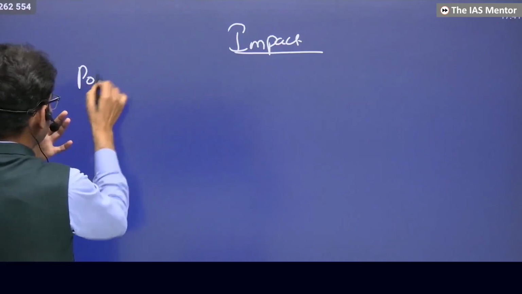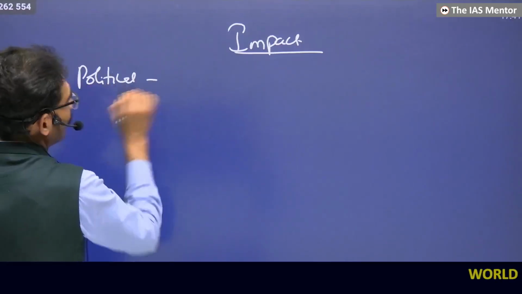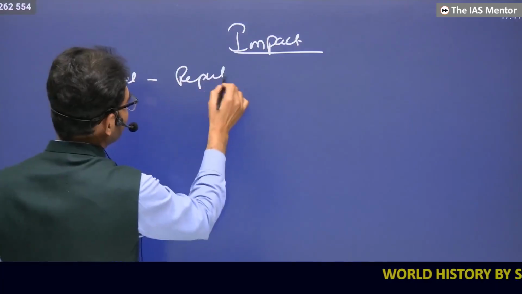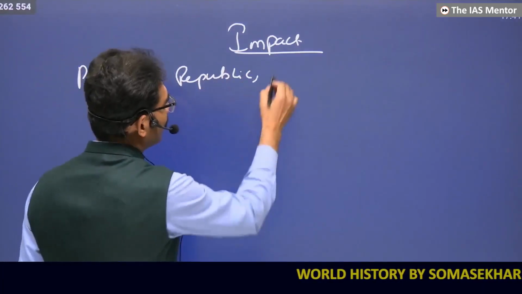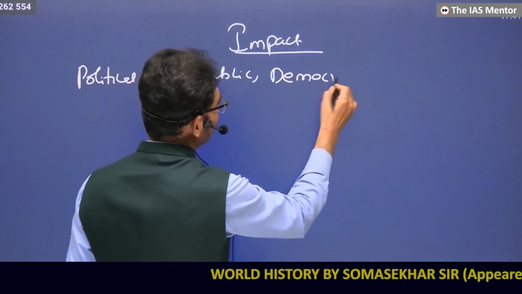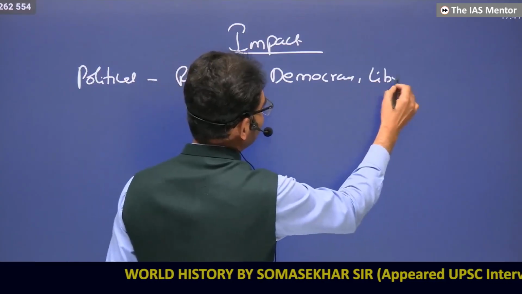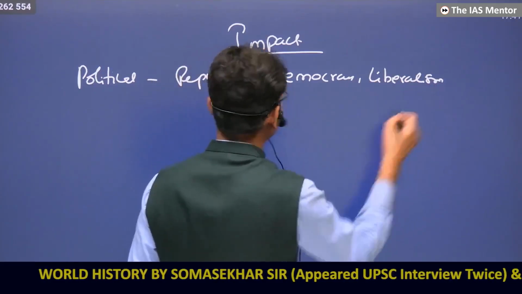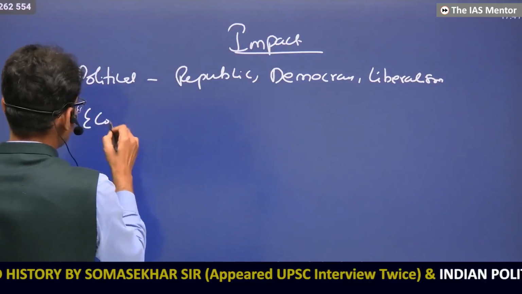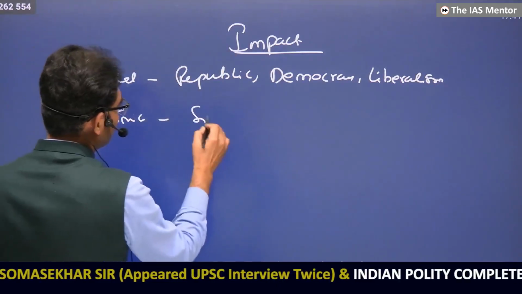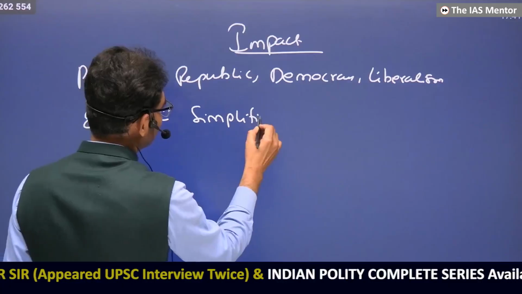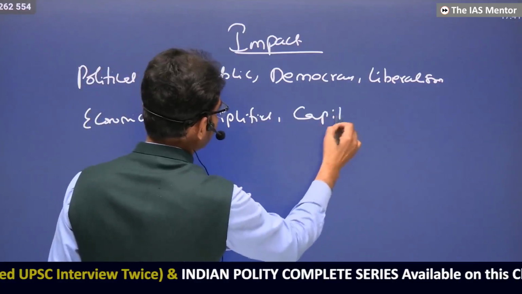Political: republic, they tried. Democracy, tried. Liberalism, tried. When it comes to economic, simplified taxation. Capitalism, promoted.